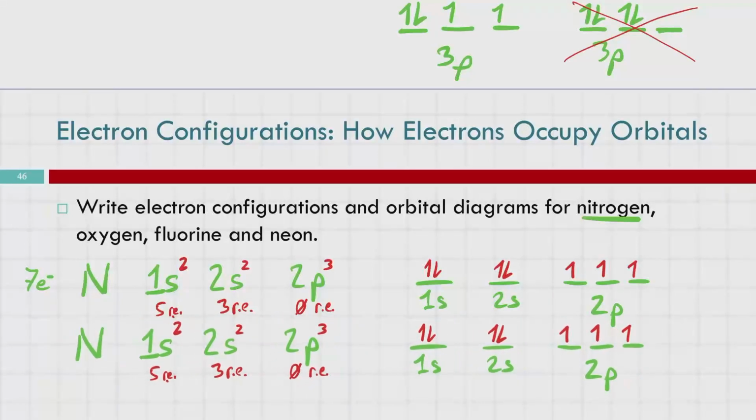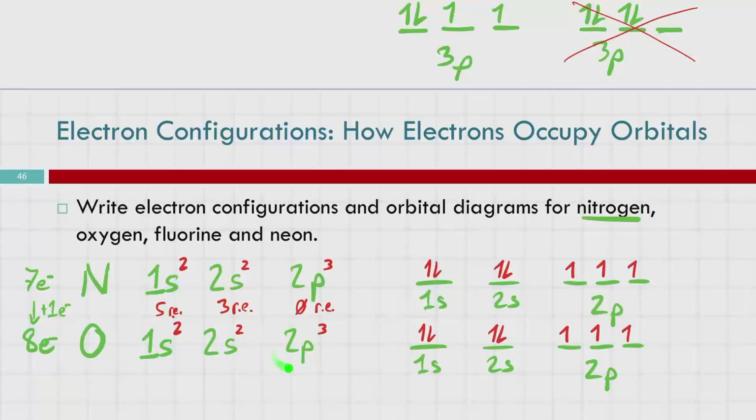Okay, so we are moving on from nitrogen to oxygen. So oxygen has 8 electrons. All right, we've just added 1 electron, and so for each of our electron configuration and orbital diagram, we're just going to add in 1 more electron.